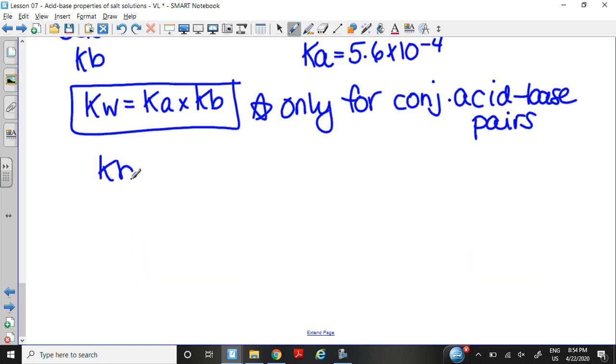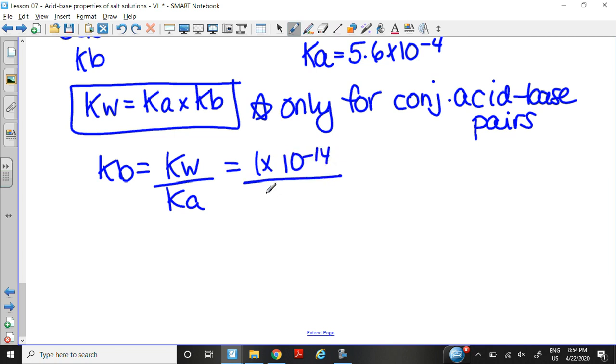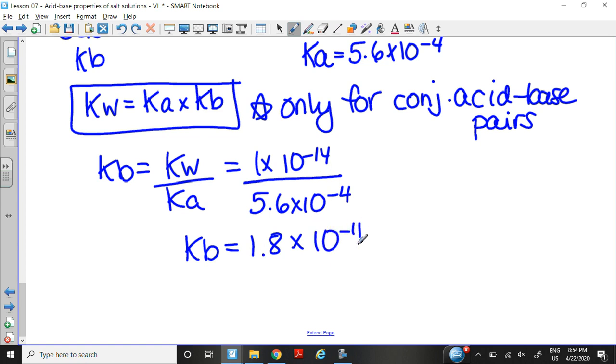So what we would do, Kb is equal to Kw over Ka. Kw is always 1 times 10 to the negative 14. We're going to divide it by that Ka, 5.6 times 10 to the negative 4. And we get the Kb equal to 1.8 times 10 to the negative 11.